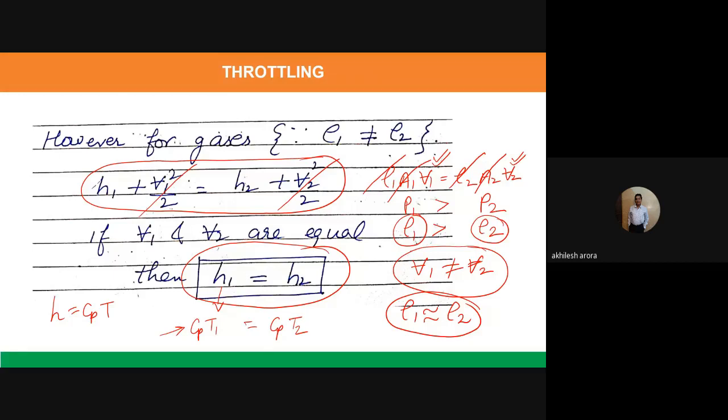So Cp and Cp will cancel out, and I am left with T1 equal to T2. So for an ideal gas during throttling, the temperature remains the same. Moreover, enthalpy is also equal, H1 is equal to H2.